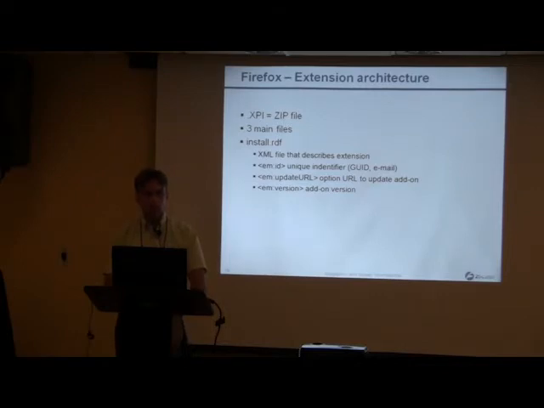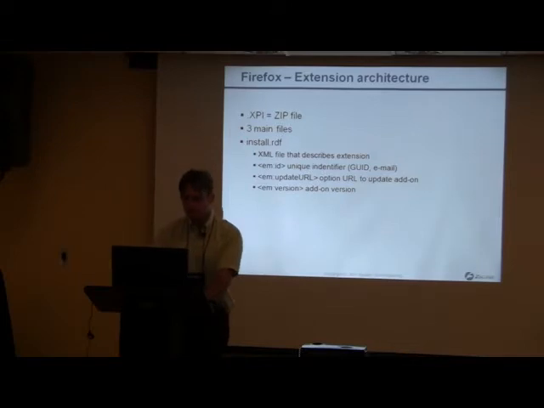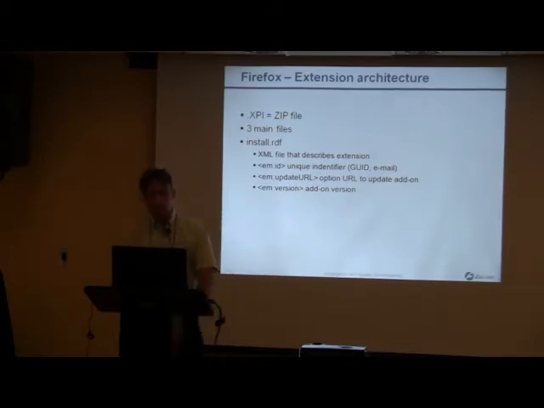So a little bit more detail about extensions in Firefox. Firefox extensions are distributed as a .xpi file, which is just a zip file with a different extension. Among all the files that make up an extension, there are three very important files. One is called install.rdf, which describes the extension to Firefox.